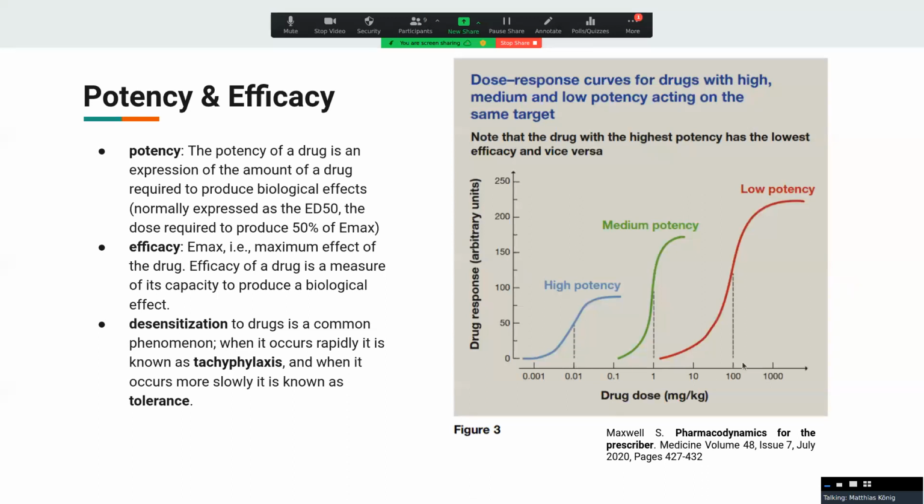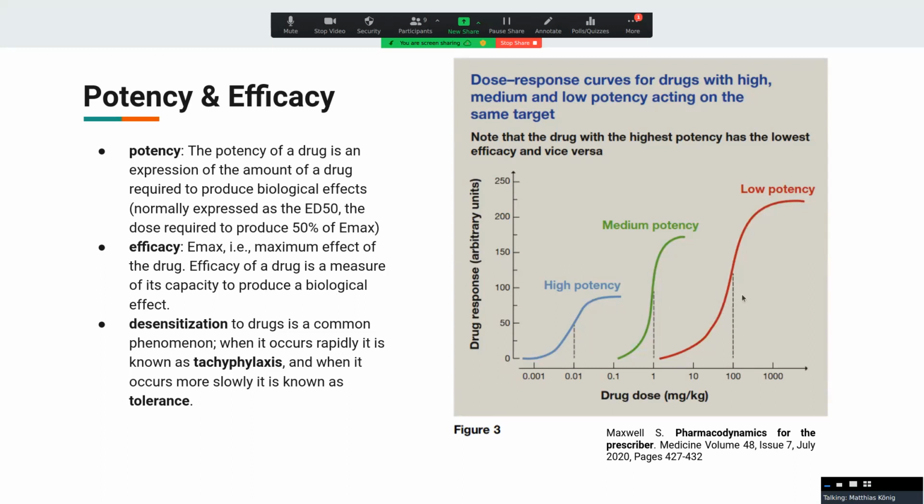The lower this half maximum value of the curve is, the higher the potency of the drug. So basically, you need only a little bit of drug and you have a very strong biological effect, because the dose response curve has half saturation at a very low concentration. For drugs with low potency, you have to give much more drug to get the same biological effect.